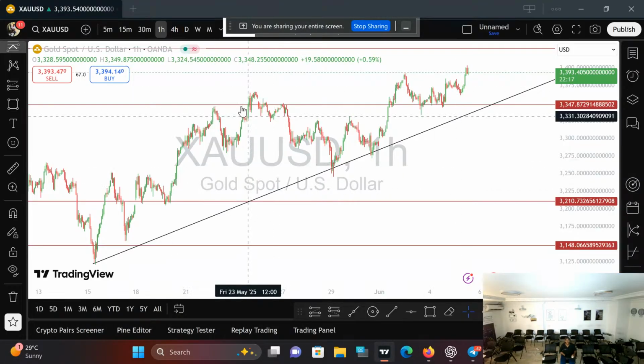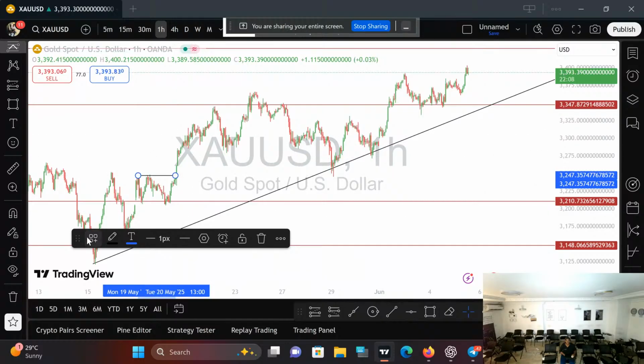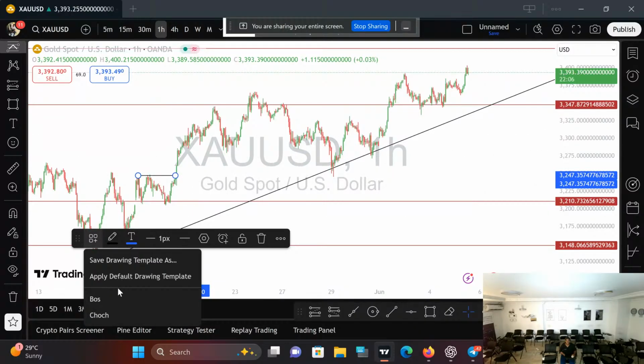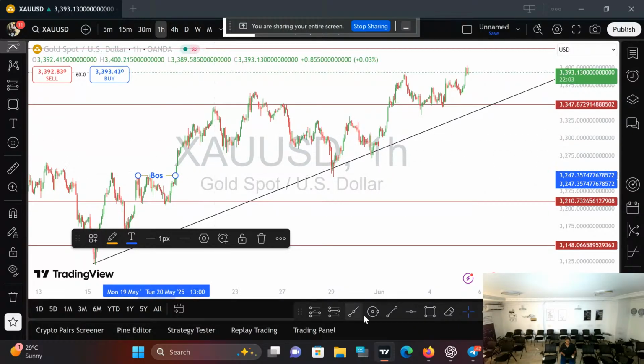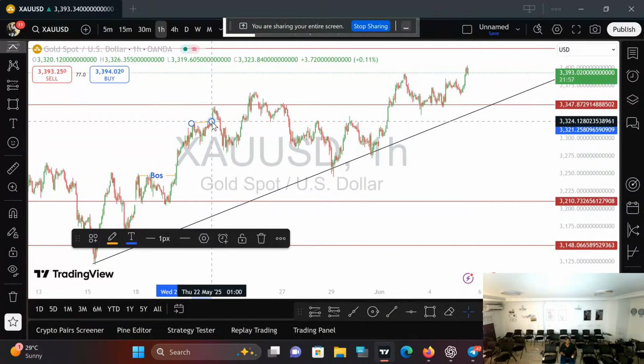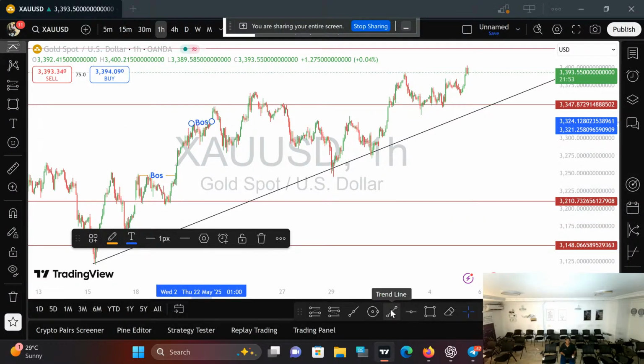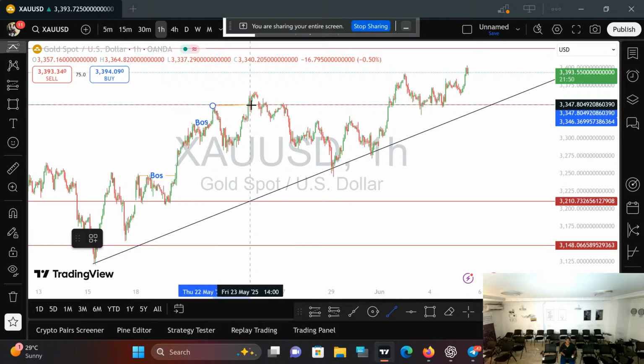Now, we have a break of structure here to the upside, which gives us this bullish move. We have another break here. We have another break there. We have another one here.